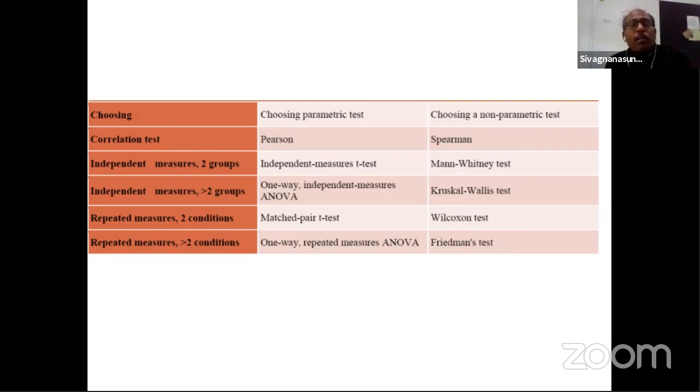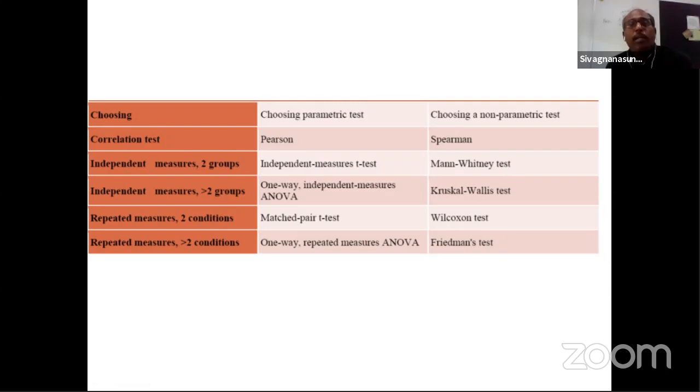For correlation, in case of parametric data, we use the Pearson correlation test, but in case of non-parametric, we use the Spearman rank correlation test. When you compare independent measures of two groups, we use the independent sample t-test, but if your data is categorical in nature, we use the Mann-Whitney test.